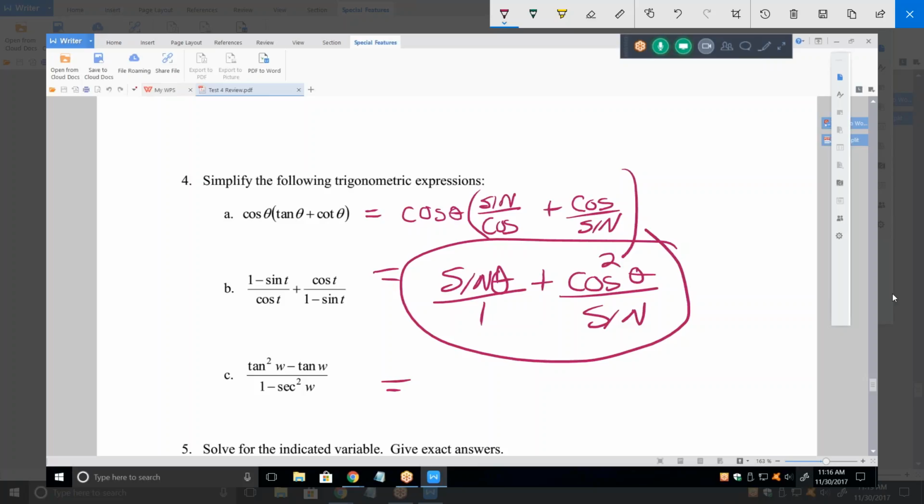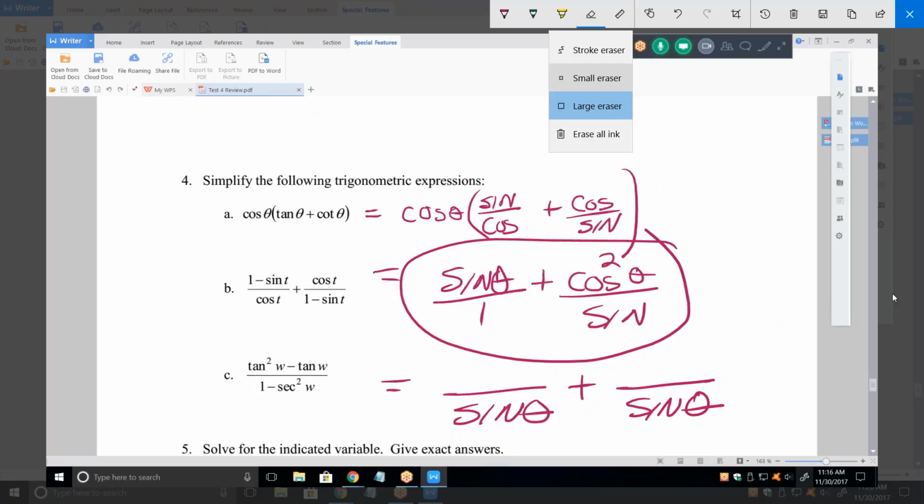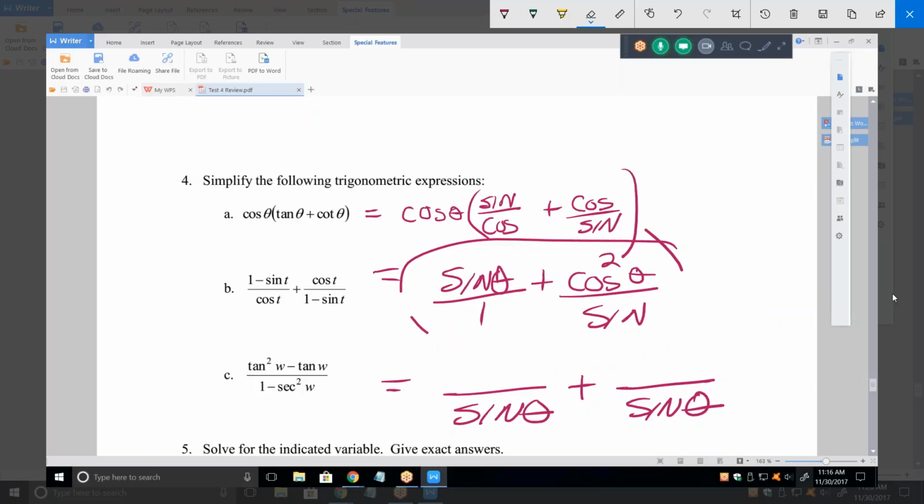When I add, what is the least common denominator? Sine of theta. So I always write it like this because I think it works better. Now, what should go in my top left numerator? Sine squared theta. Yeah, exactly.